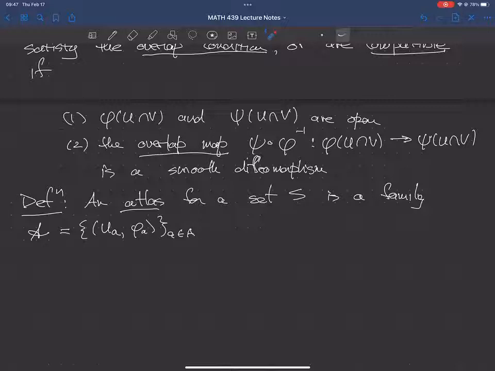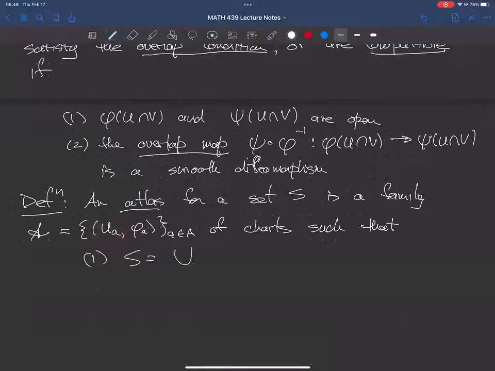So any arbitrary collection of charts, such that S is the union of the chart domains. So they have to cover S.